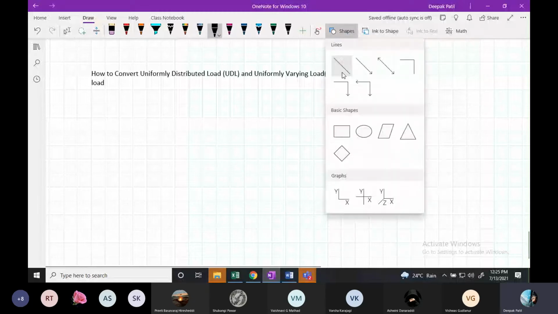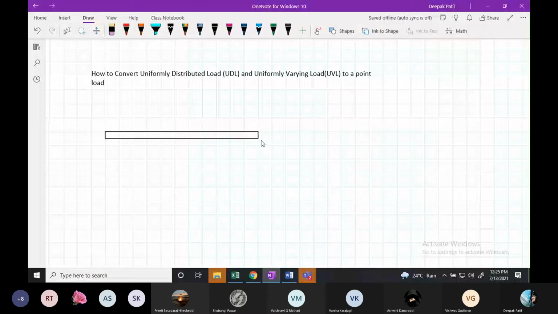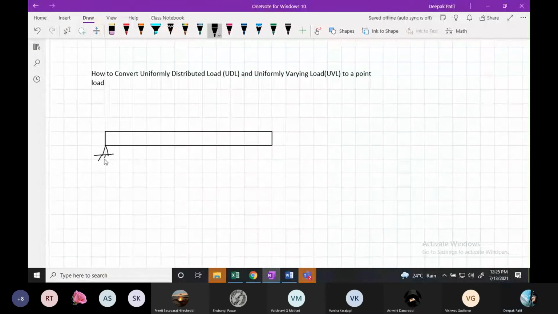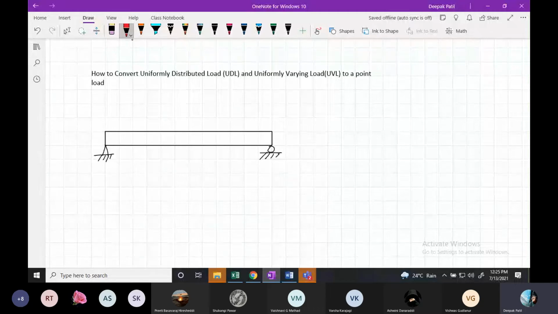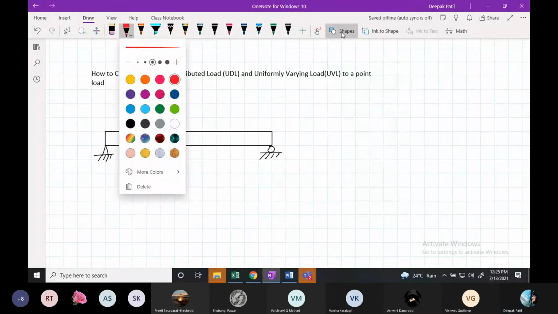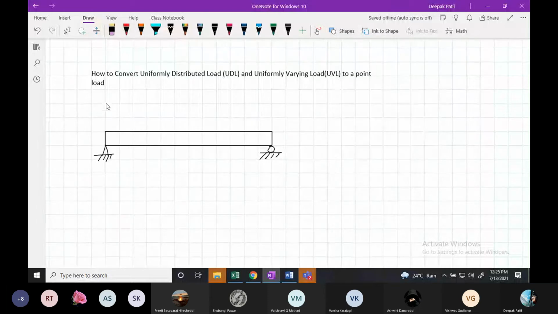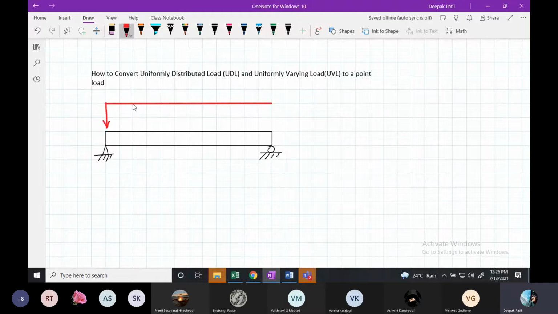So first, I will draw a beam. Let us say this is a simply supported beam. So we have a pin support here and we have a roller support here. Let this beam be subjected to a uniformly distributed load, something like this.